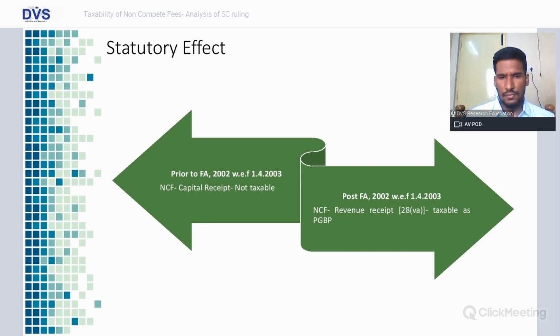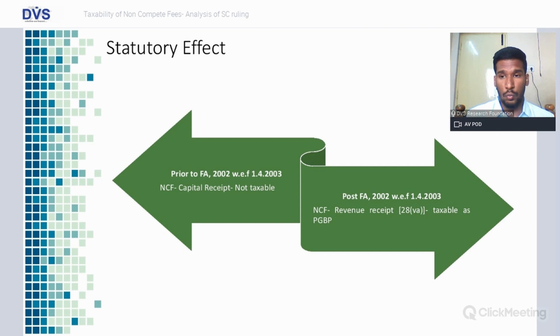So as I said in the first slide, this case relates to assessment year somewhere around 1994, 1995. Prior to Finance Act 2002, a non-compete fee was treated as a capital receipt and it's not taxable. But post Finance Act 2002, a non-compete fee is a revenue receipt under Section 28(5)(a) and is taxable as PGPP.